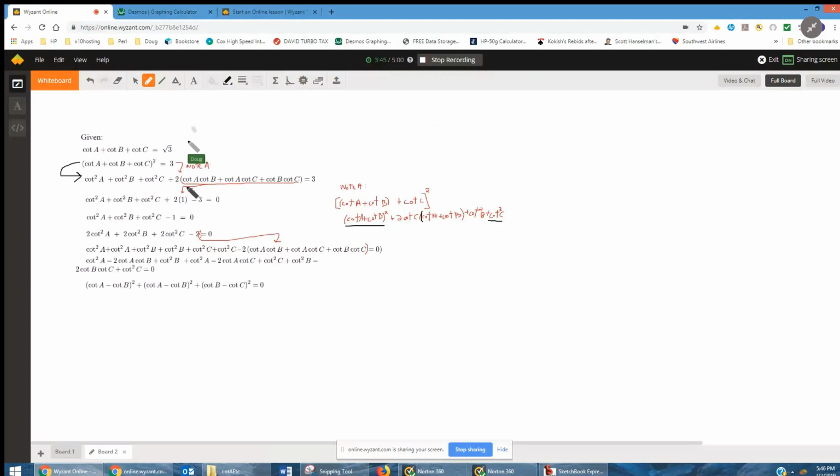But what I have done is, when we move from here to here, I should say, we're replacing this expression right here from part 1 with the number 1, because that expression is always equal to 1. Subtract 3 from both sides, you get a minus 1 over here. And now here's the really tricky part.